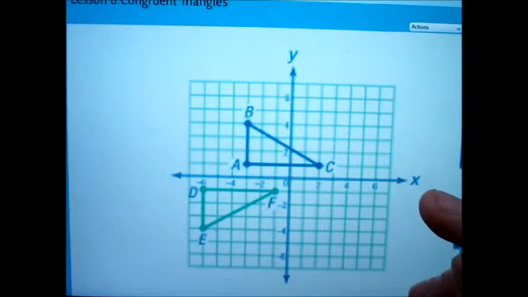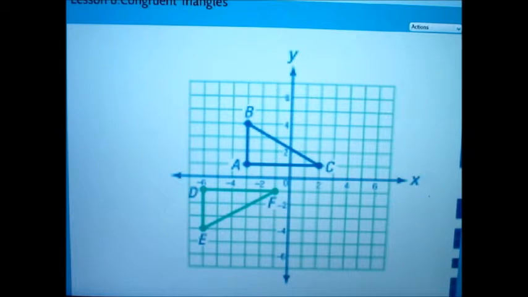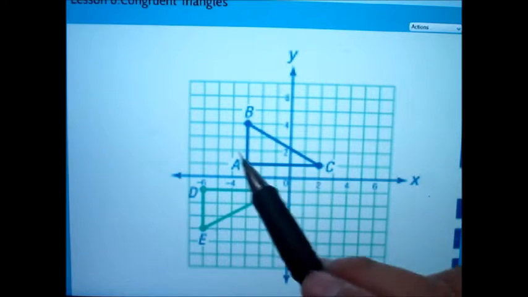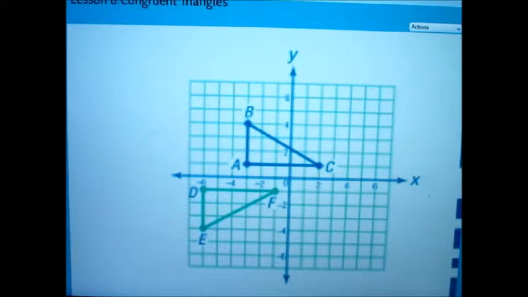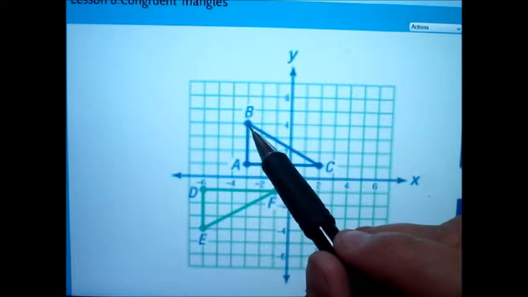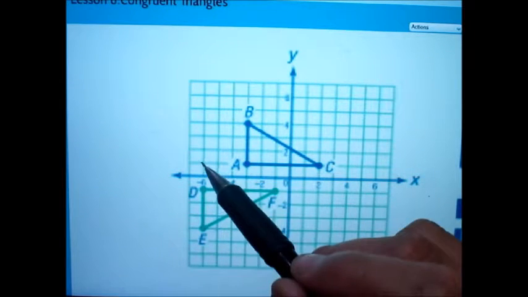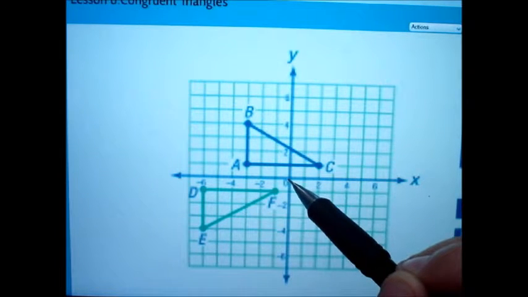How much am I rotating it? 90 degrees, wouldn't it? No, 270. Am I going about the origin or about A? About A. So if I rotated it 270 degrees, this one would go to here, then here, then here. So B would now be located over here.